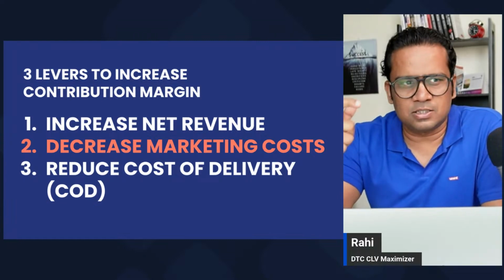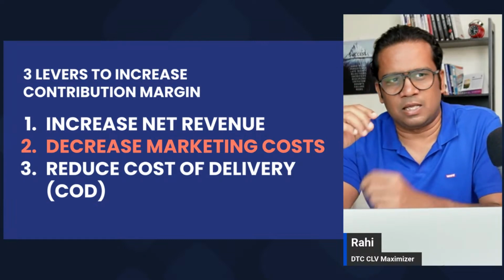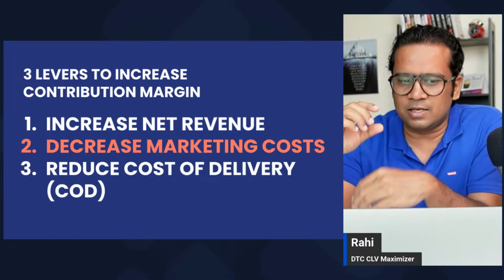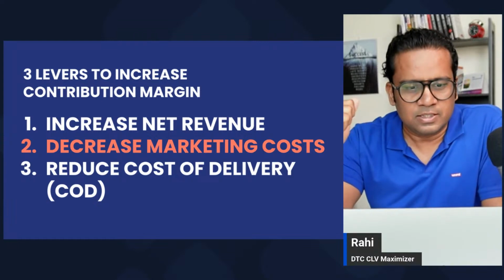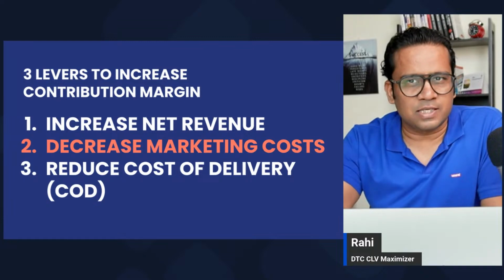What I'm coming at is the gap between the net revenue minus your cost of goods, so that's what we mean by increasing net revenue. The second lever is decreasing marketing cost, but it should not sacrifice growth.